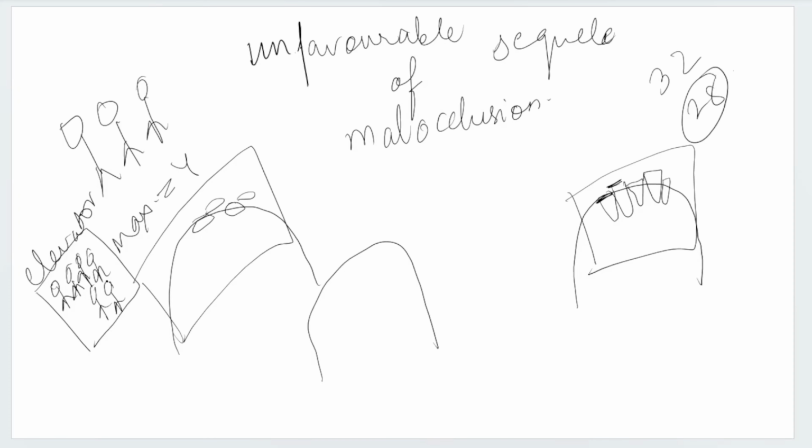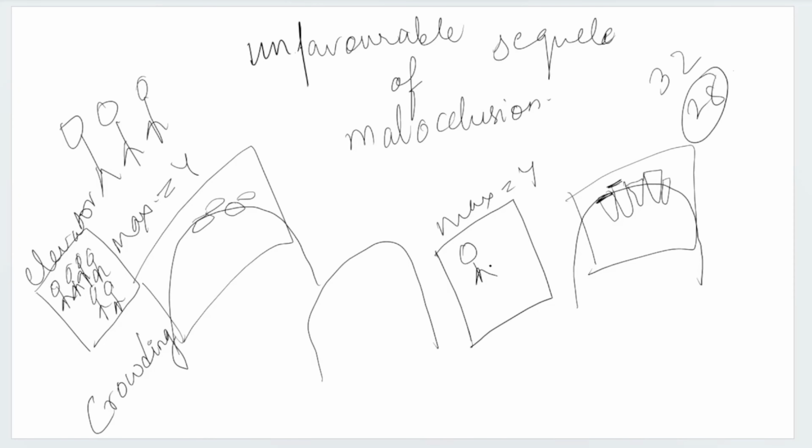You'll feel suffocated, or some may call it crowding. Got it? Same way, I have an elevator with maximum number of people of 4, but there are only 2 people. Will there be any space in between them? Yes, of course there will be spacing. So that is called spacing.